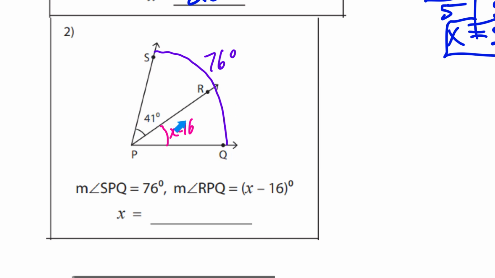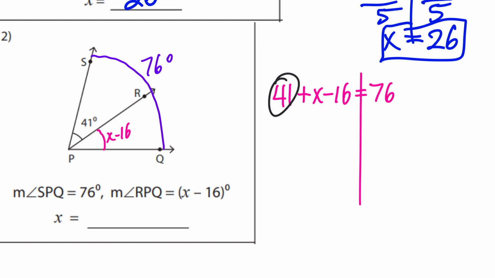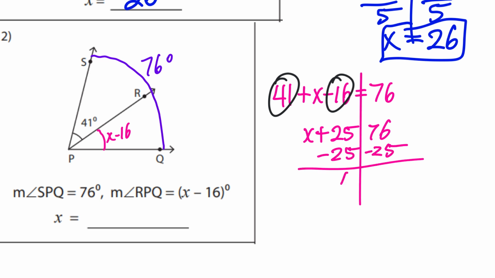So it's going to look like this. 41 plus x minus 16 equals 76. So combining like terms, 41 minus 16, that's going to be 25. So x plus 25 equals 76. Subtract 25. And x equals 51.